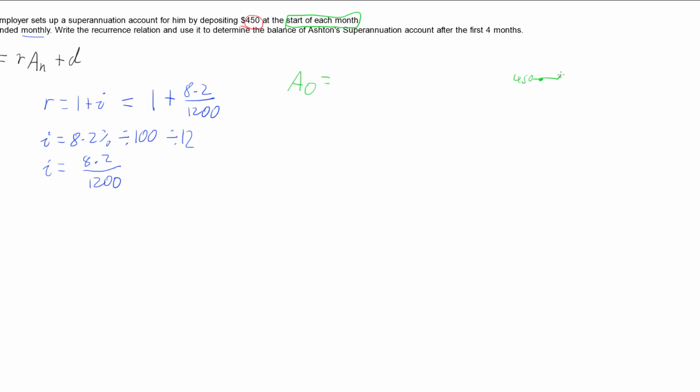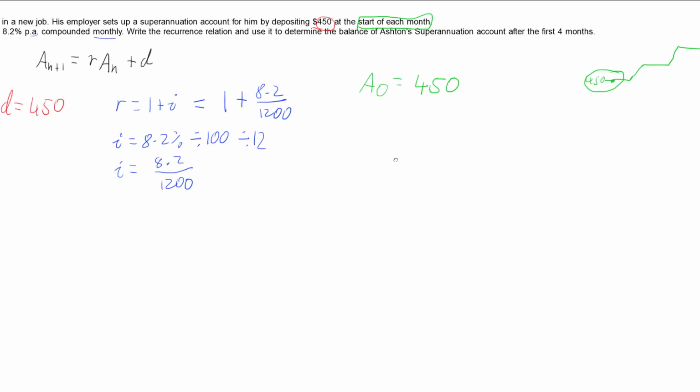And then at the start of the next month, a deposit is made. Then we wait, interest is applied, a deposit is made. So our actual initial amount is our first deposit, $450, because no interest is going to be calculated on that yet.